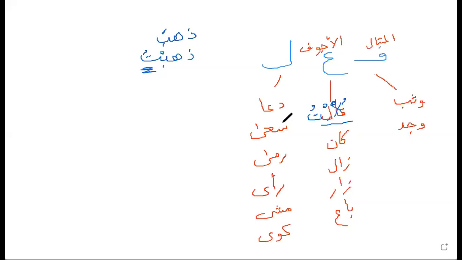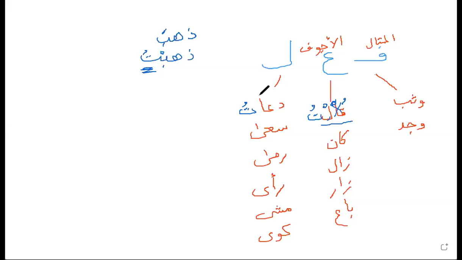Jayyid? Now something similar to that is going to be happening with the lam, but the fi'l mu'tal al-lam is slightly more intricate, slightly more detailed, and it requires more attention. And the reason for that is sometimes when you add a ta to it, for example, you want to say, I made dua.